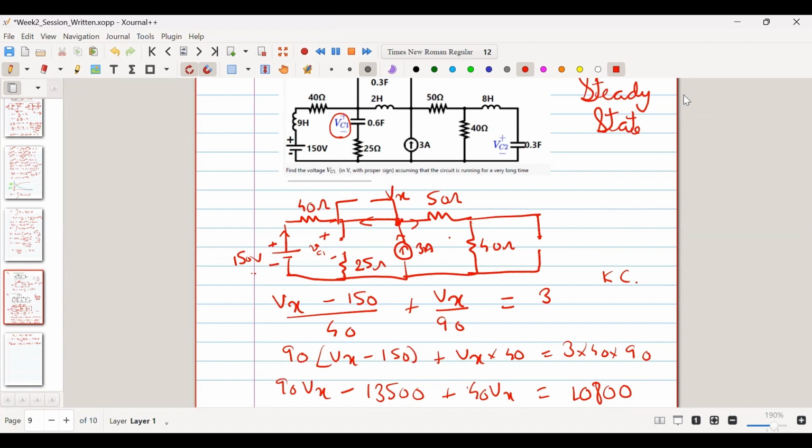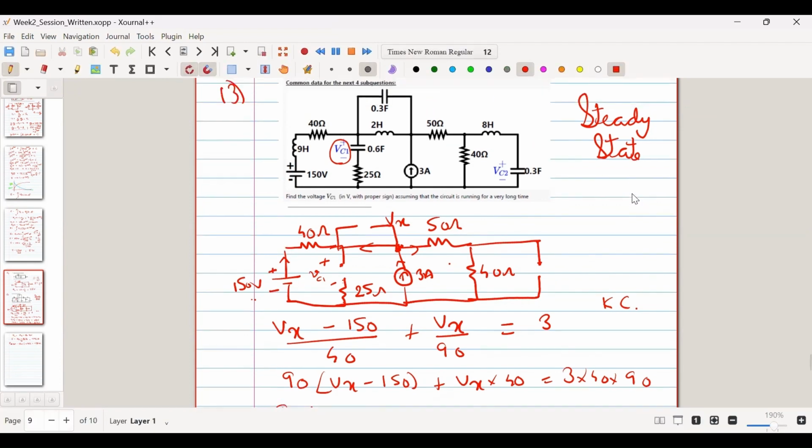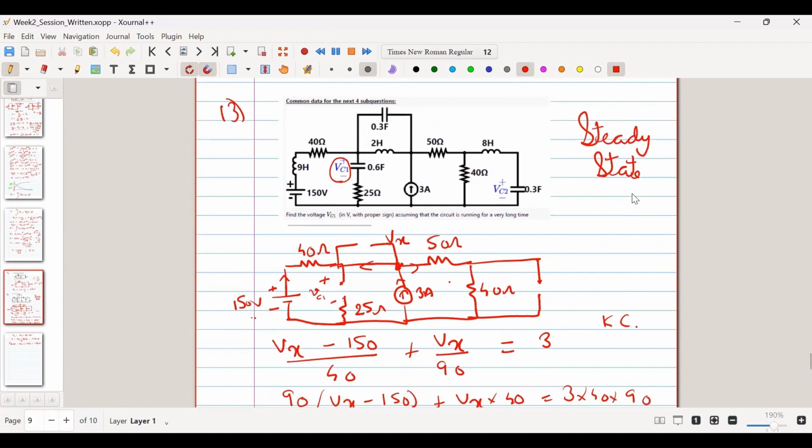Achha, I don't know actually. Sir, Vx is also positive. The potential of Vx is more than 150. So the net potential is Vx minus 150, and current is flowing towards the 150 volt source, so it is absorbing power. Yes, that has been established.